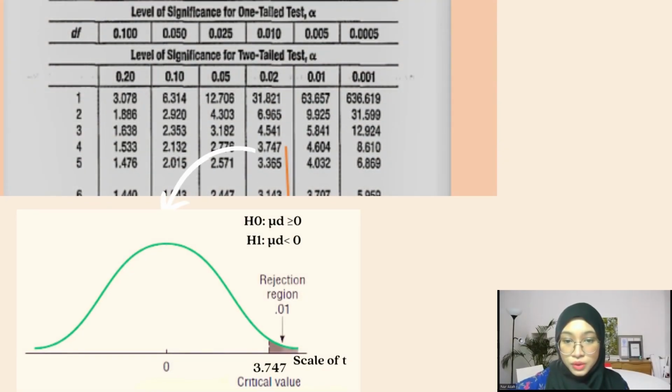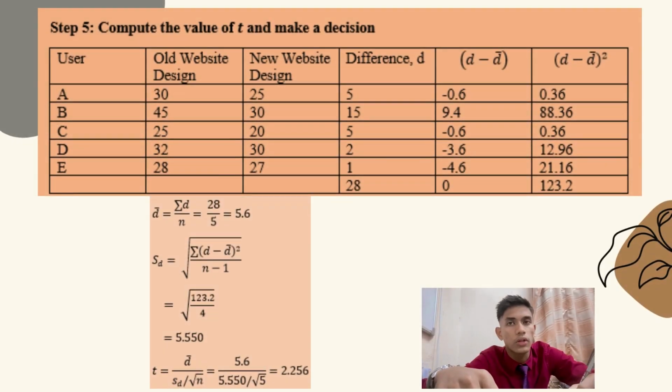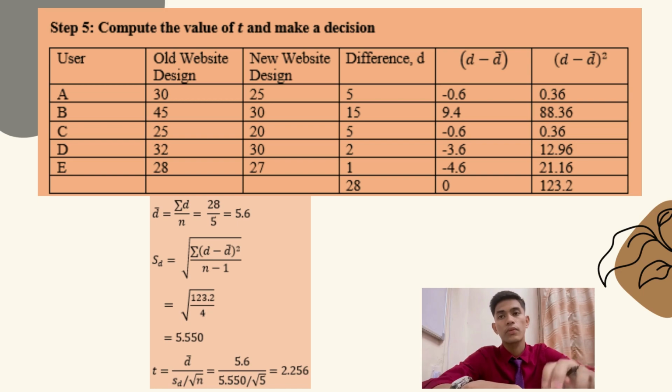The curve shows the critical value when the level of significance for a one-tail test is 0.01. In the one-tail test, the null hypothesis is mu d larger than or equal to 0. Meanwhile, the alternate hypothesis is smaller than 0.